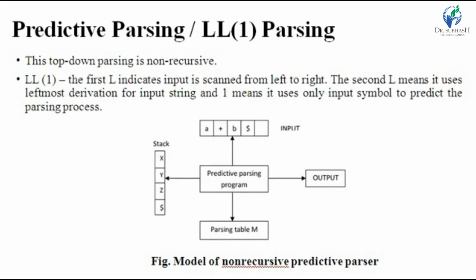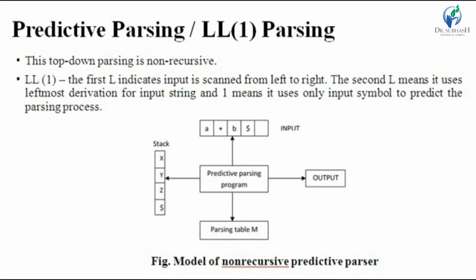The second L represents that it uses leftmost derivation for the input string, and the 1 in brackets means it uses only one input symbol to predict the parsing process. Any number in the brackets represents the number of input symbols used to predict the parsing process.